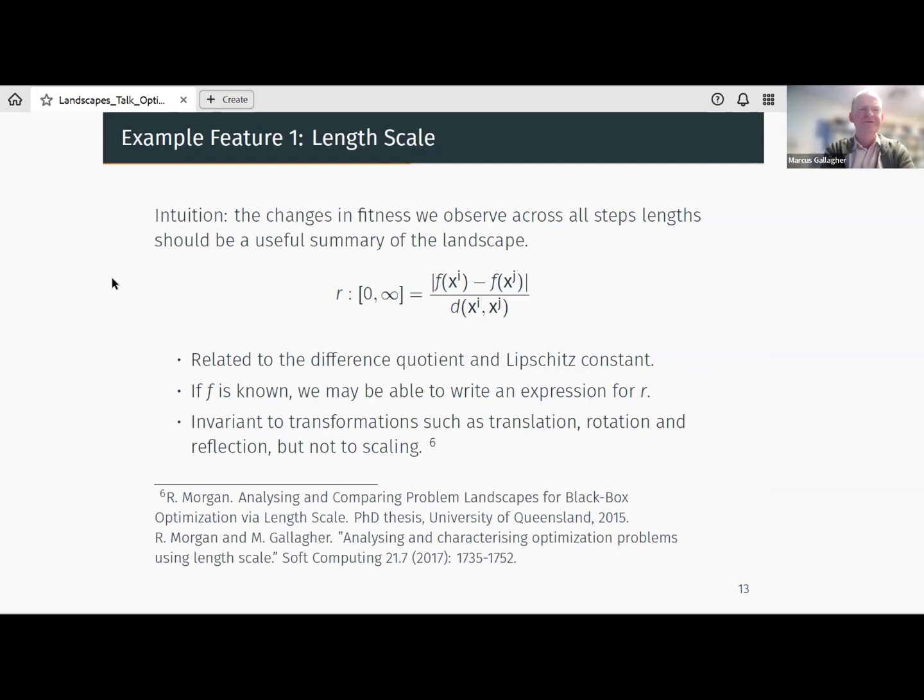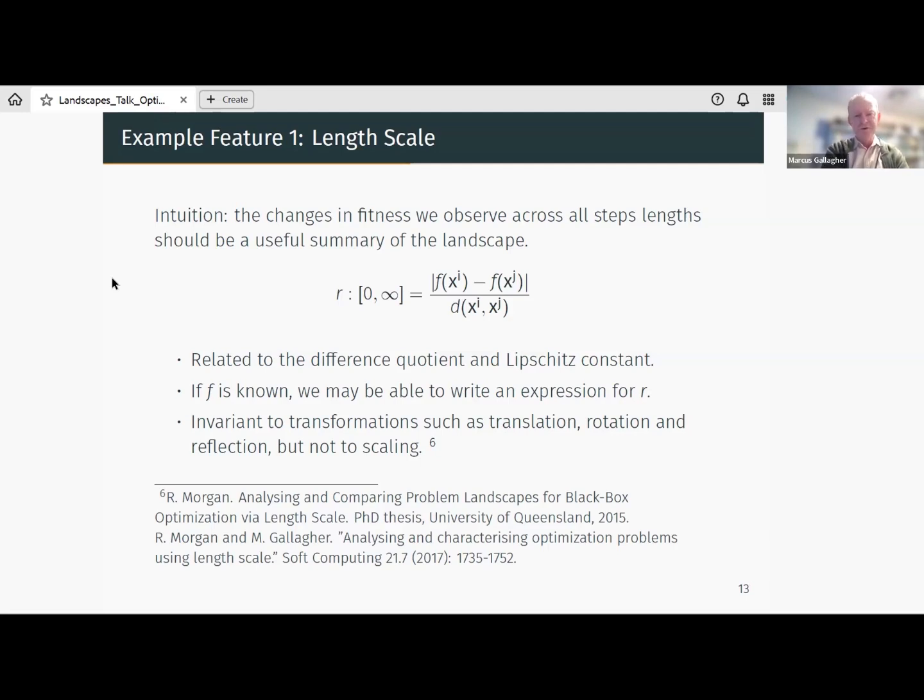All right, so the first feature is this thing we call length scale, from Rachel Morgan's PhD work, and the intuition with this is pretty simple. We thought it's probably important, when you're analyzing an algorithm or thinking about a landscape, to consider: if I take a step from some solution xi to another one xj, what is the change in fitness value that I observe when I take that step?